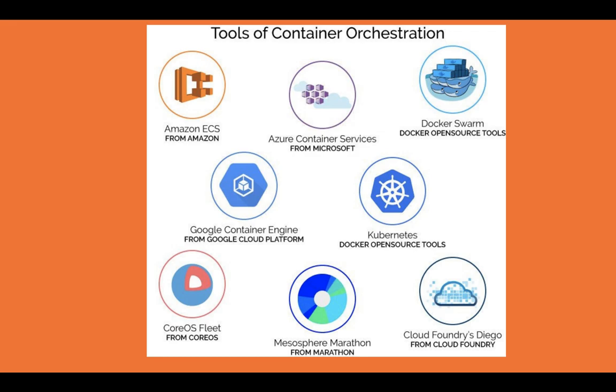The most famous is Kubernetes. If you want to implement orchestration in production grade, then you should go for Kubernetes. And if you have a smaller number of Docker containers, ranging from 10 to 50, or 10 to 100, you can go for Docker Swarm.